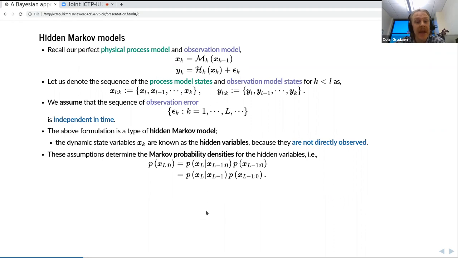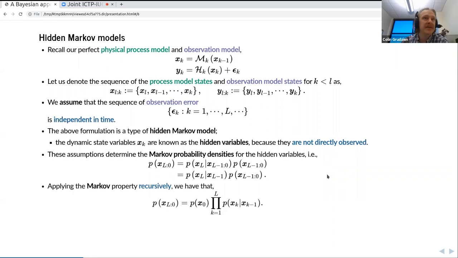It is then independent of the rest of this slice, all these remaining time indices back in the past. And so we can write this joint density in terms of the conditional density for the current time given the last time, and then the joint density for all past states. And thereby, this is the Markov property, and it becomes a very elegant representation.